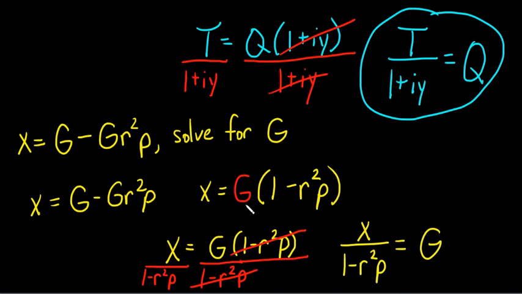Tried to show it to you in red. I'm left with 1 minus R squared P. And since these are multiplied together, I can divide by this to get rid of that. It becomes 1 if I divide by that. So I divided both sides, make everything fair and even. So G is actually equal to X divided by 1 minus R squared P.